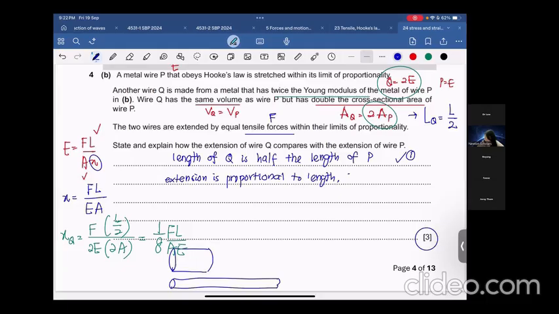Then inversely proportional to area. That means that here, if area is greater, extension will decrease. This relationship, one high, one low, is called inversely proportional. And not only inversely proportional to area, but also to E, Young modulus.